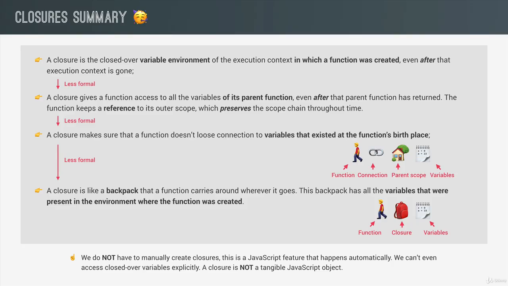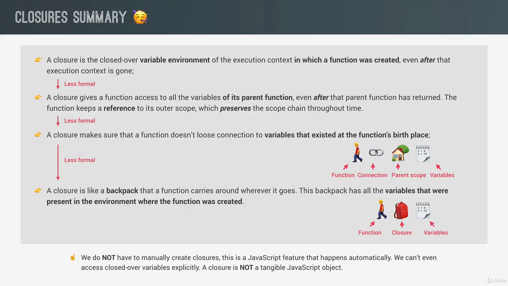They're not like an object or so that we can access. So we cannot just reach into a closure and take variables from it. That's impossible, because a closure is just an internal property of a function. We can observe that a closure happens, because functions magically keep having access to variables that should no longer exist, but we cannot directly access these variables.